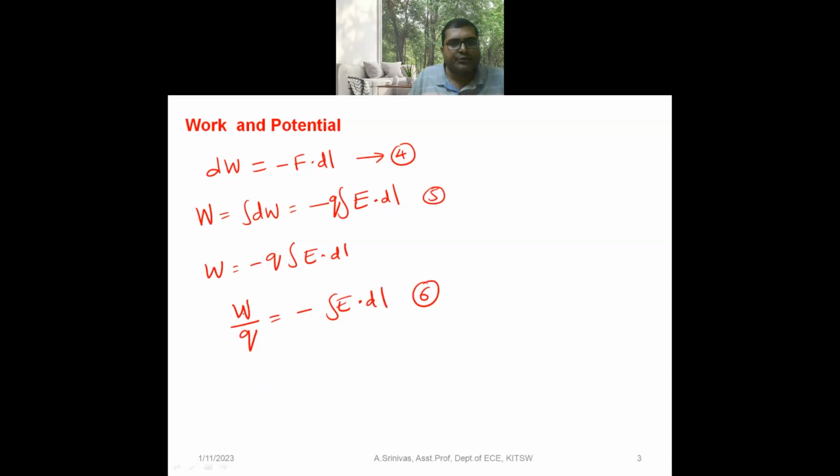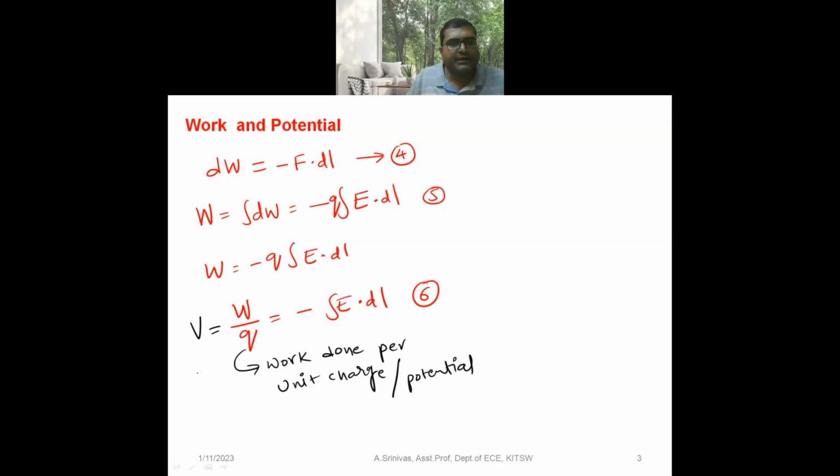And here W by Q means it is the work done per unit charge, which is simply the potential.